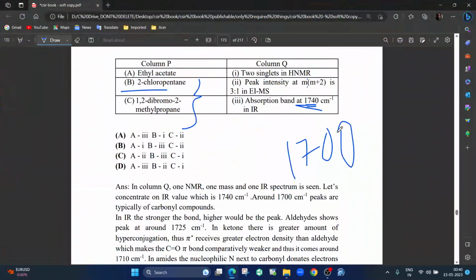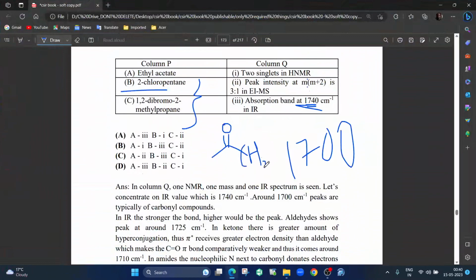Basically aldehyde gives absorption peak at around 1725. So aldehyde, C double bond O stretch. You understand, the stronger the pi bond is, the higher will be the stretch. So when it is aldehyde, it's like this. When you have ketones, imagine you are having CH3.